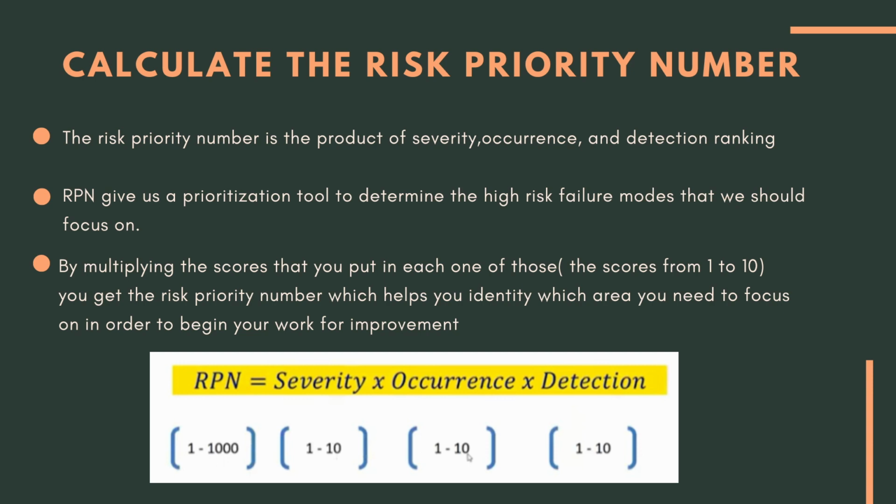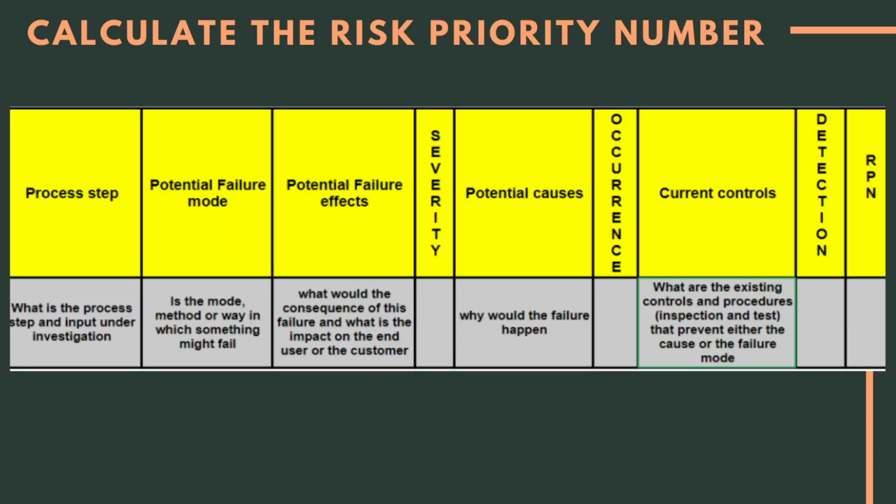By multiplying the scores that you put in each one of those, you get the risk priority number, which helps you identify which area you need to focus on in order to begin your work for improvement. So this table assembles and describes step by step each phase in order to build the FMEA process.